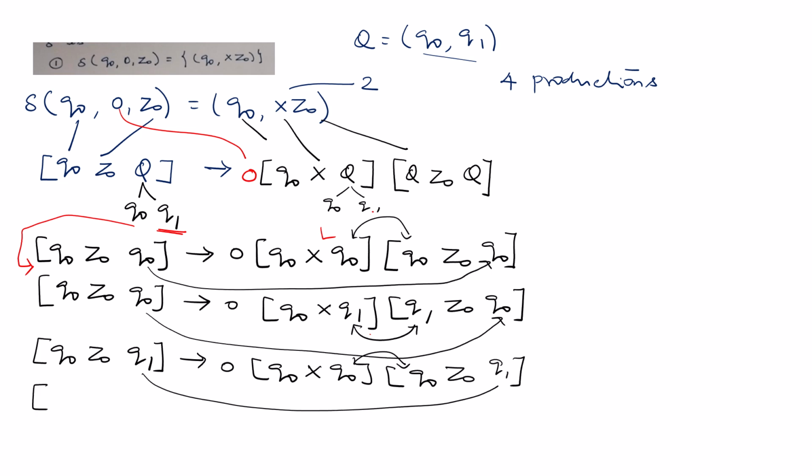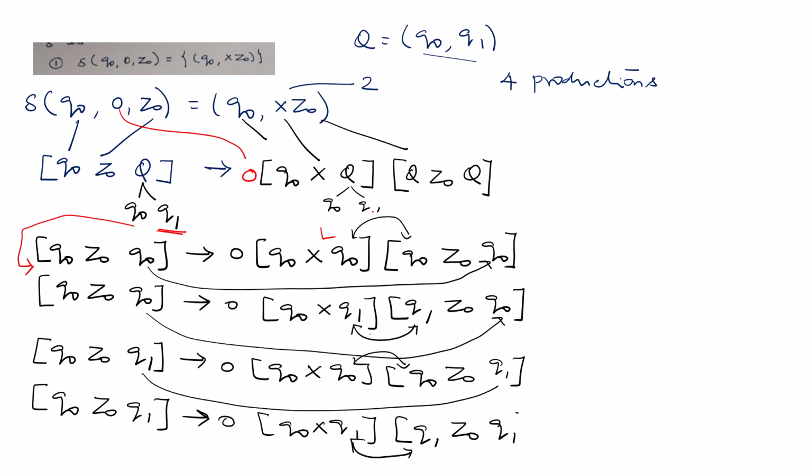The same way, Q0, Z0, Q1 goes with 0, Q0, X, Q1, then Q1 because the same, Z0, Q. So these are the 4 possible productions. 4 productions we are obtaining from this symbol group.